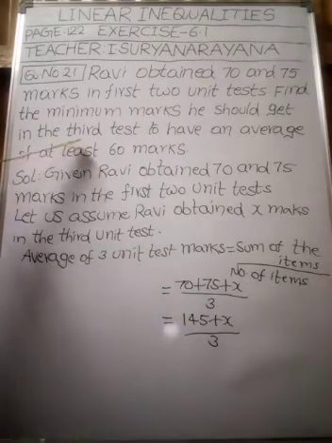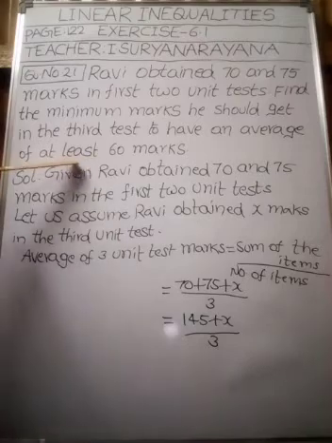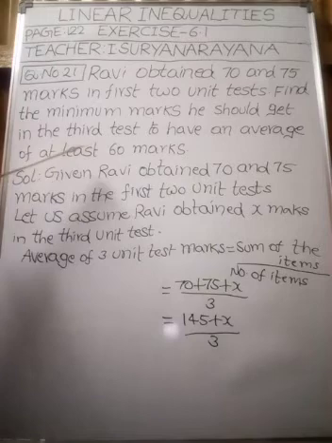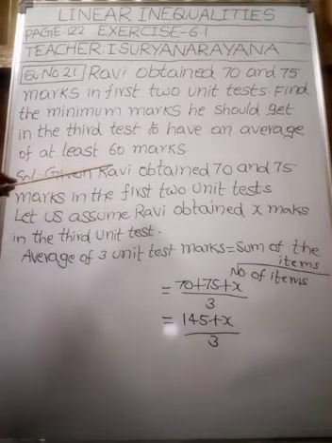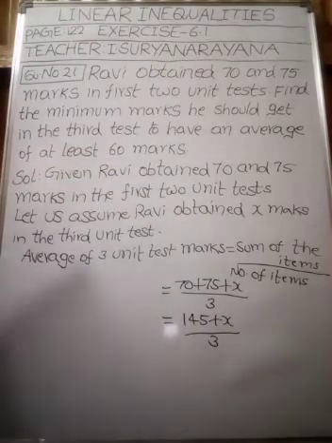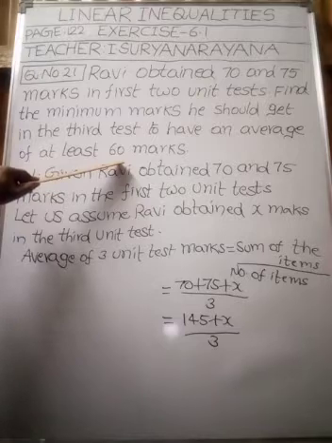But what is given? He has to get at least 60 marks. It is given that the average of 3 unit tests must be at least 60 marks. Okay, my children. So we use this condition.